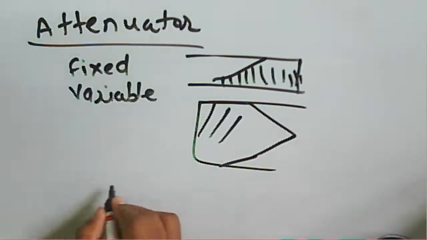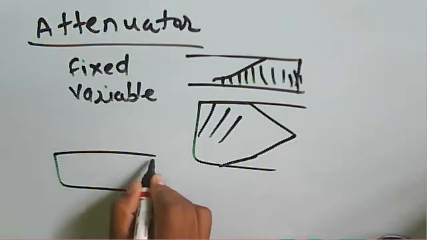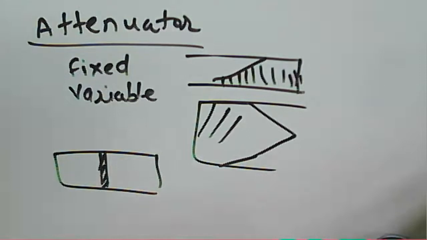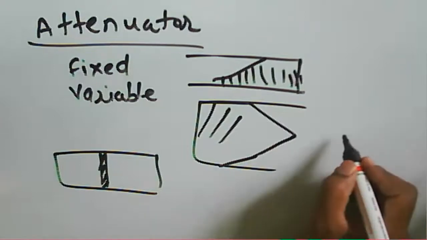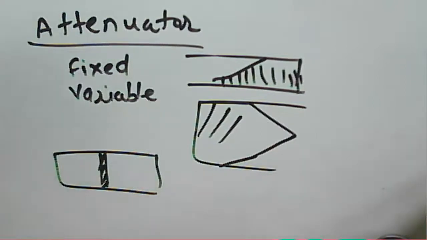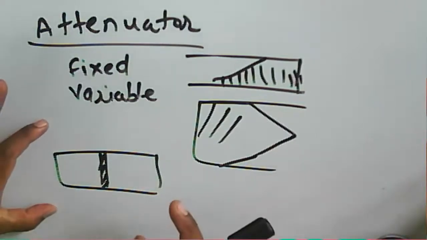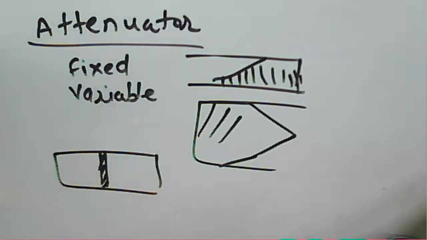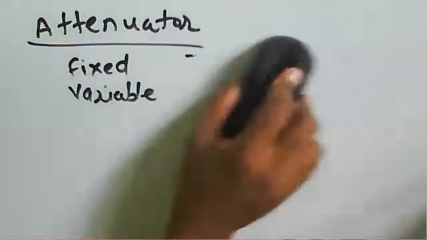Or there can be a single tap, or a double tap. Using that single taper or double taper, the signal attenuated through the guide will be small. So that is about a fixed attenuation.